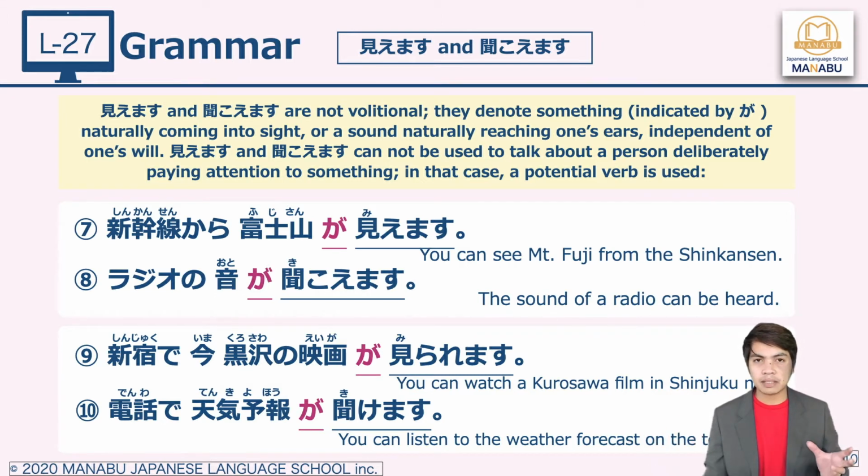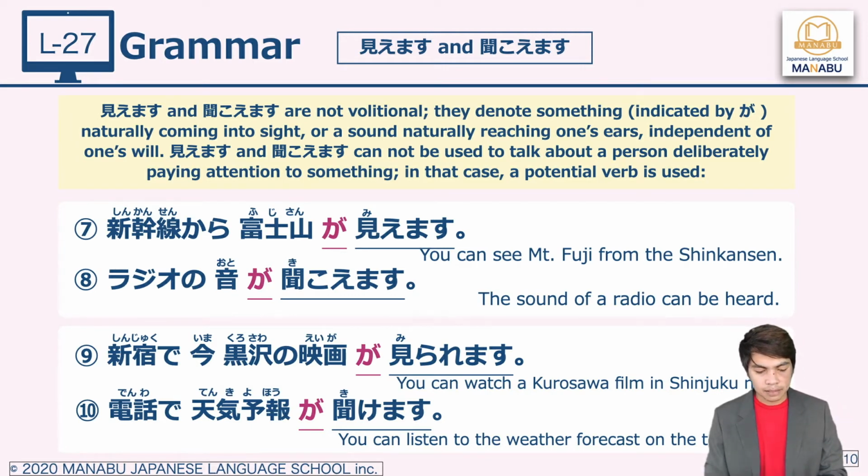Now miraremasu, I can see, or I can watch at Shinjuku. So deliberately paying attention. It means the person will go to Shinjuku, and when he's in Shinjuku, he can watch the Kurosawa film.